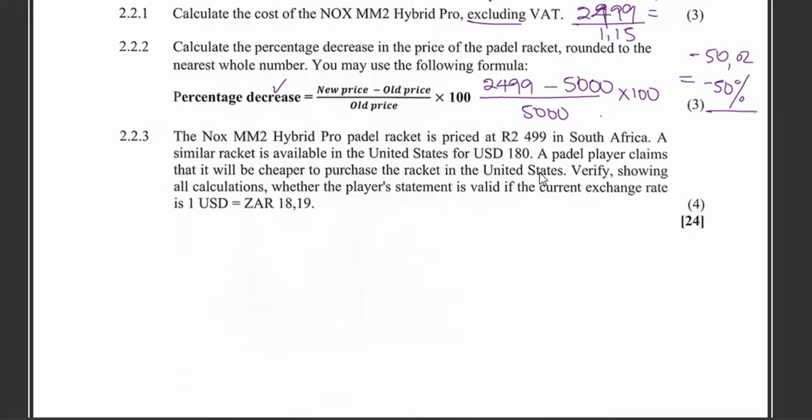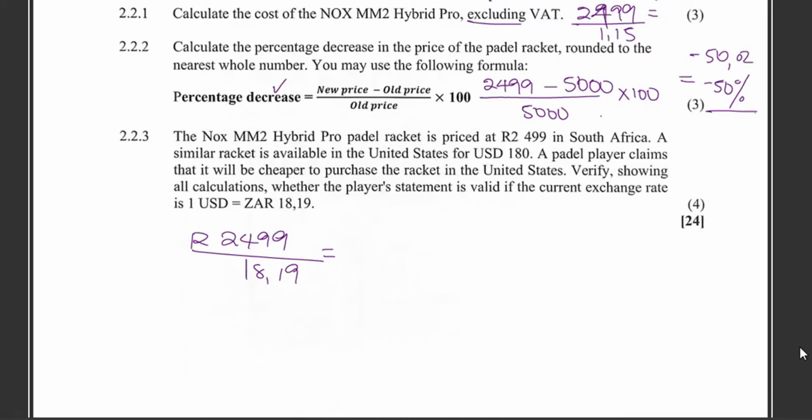Verify showing all calculations. Now, this had 2 answers. One, you would either change the 2,499, change it to dollars, and you find out how much it is.